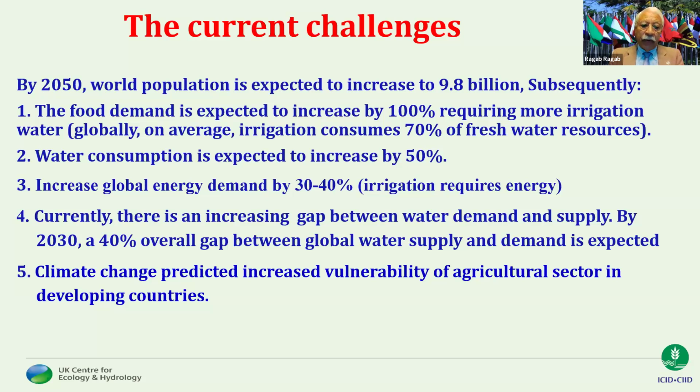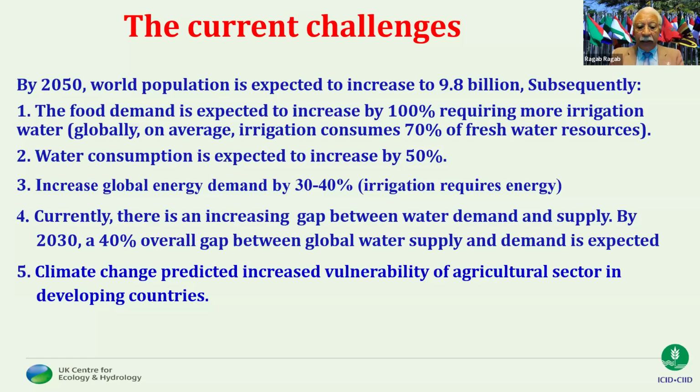Second challenge, water consumption is expected to increase by 50%, and our water resources are limited. Increase in global energy demand by 30 to 40%, and irrigation requires energy. Currently, there is an increasing gap between water supply and demand, and by 2030, a 40% overall gap between global water supply and demand is expected.